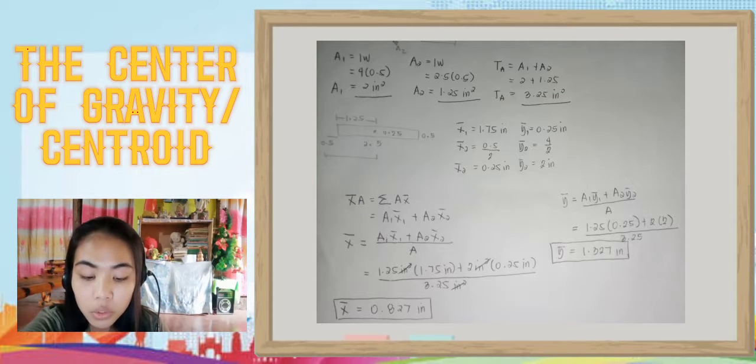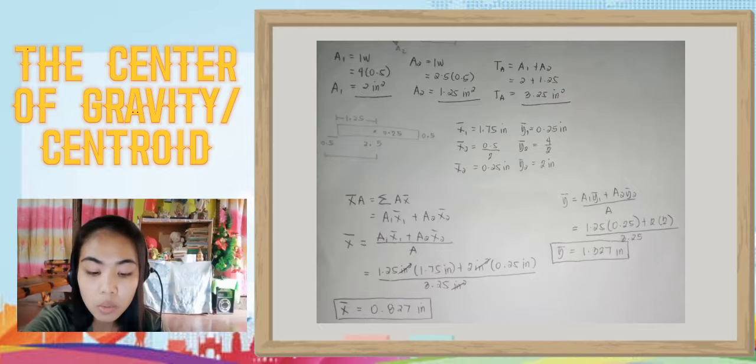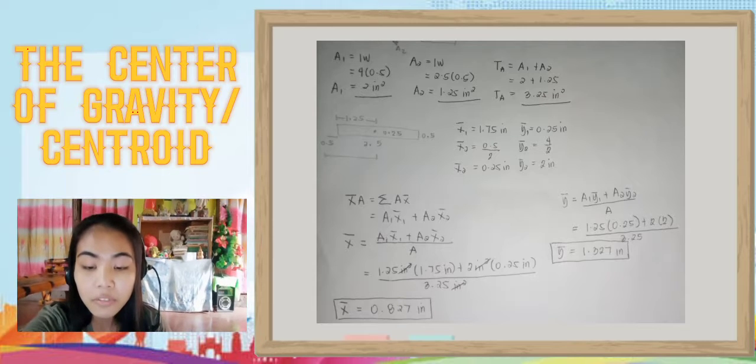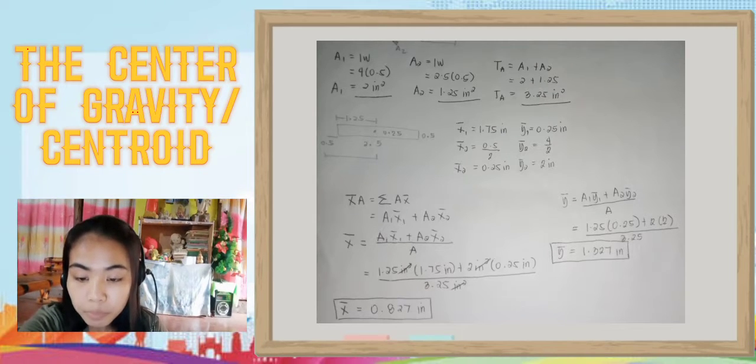So, ang value ng y bar natin is equals to 1.327 inches. So, ang centroid natin ay nasa 0.827 inches for x at 1.327 inches naman for y sa cross-sectional area.